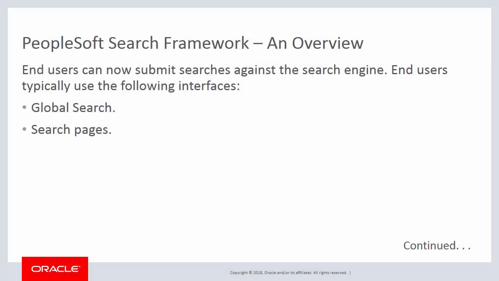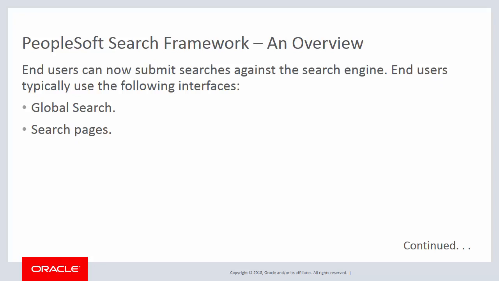After completing the tasks of deploying and building the search index, which are typically done by the search administrator, the search functionality can accept search requests from end users. Search Framework provides two interfaces for end users: Global Search and Search Pages. Global Search.